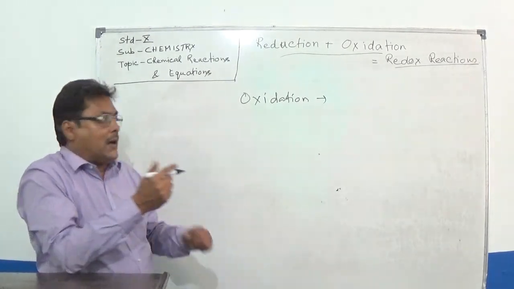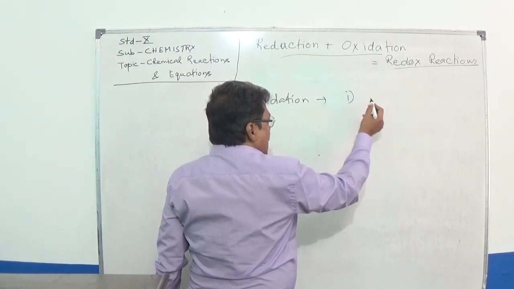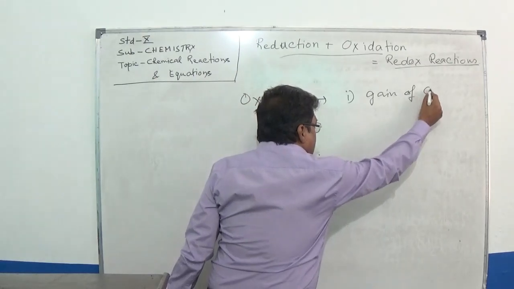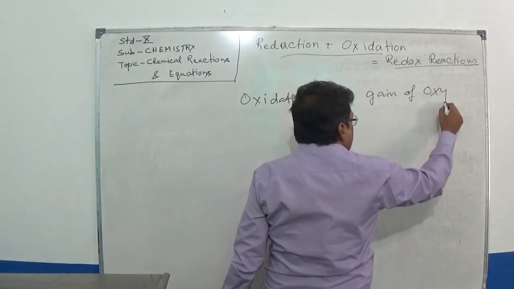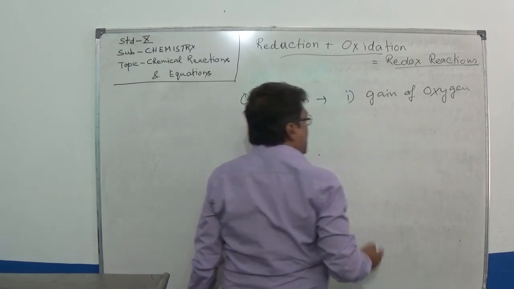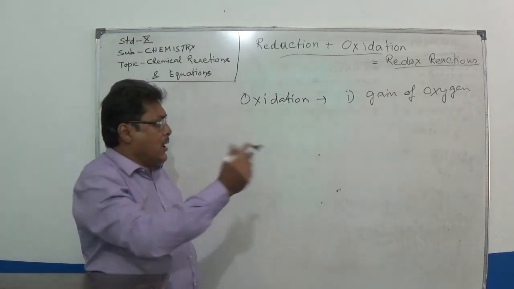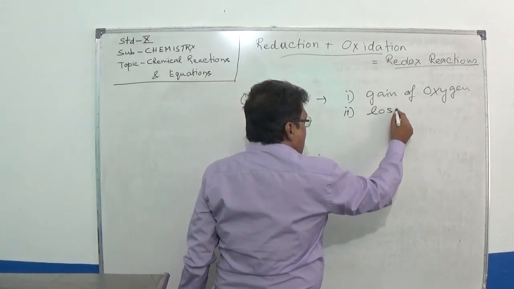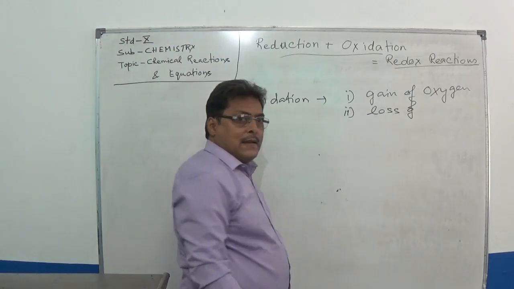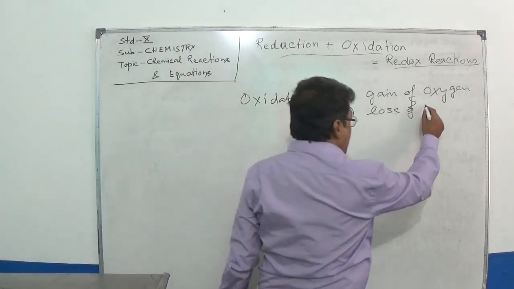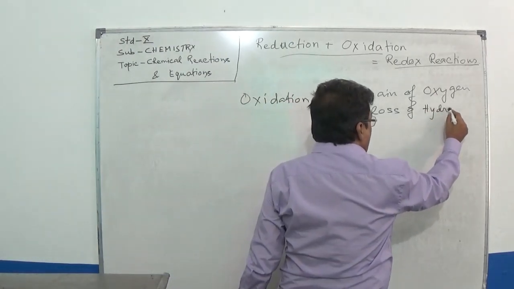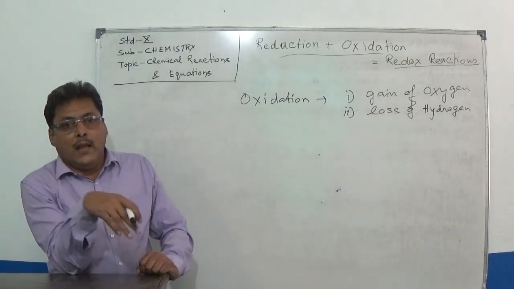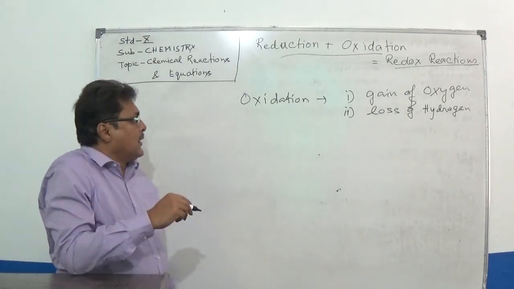As a result of the reaction, if one substance has gained oxygen, that is oxidation. But if a certain substance has lost hydrogen, that is also oxidation, and vice versa, reduction.